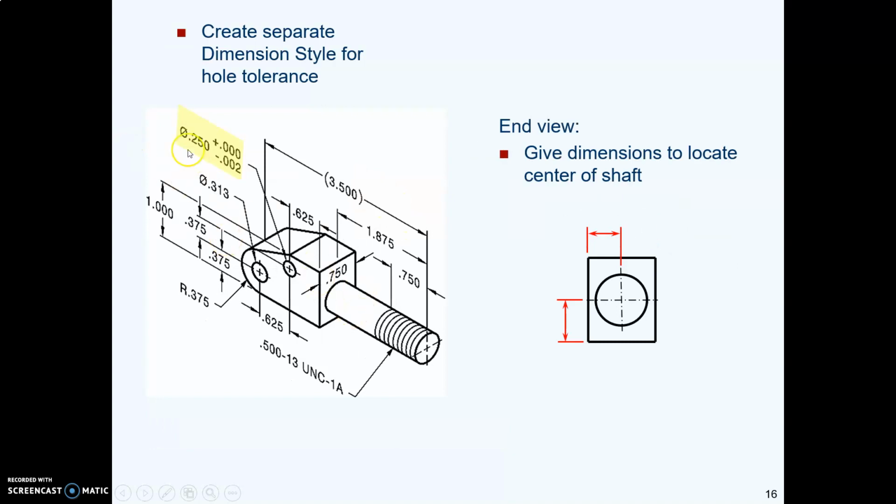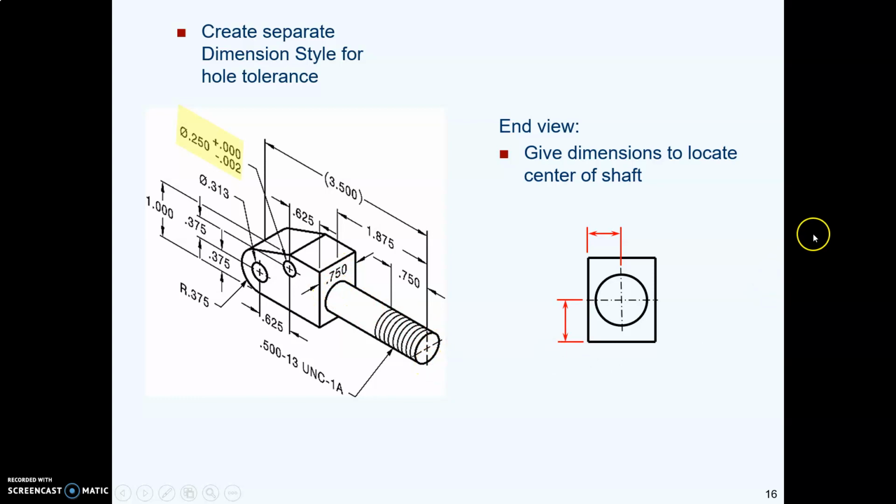Notice that one hole has a tolerance on it that's different from our title block tolerance. That means you will need your standard dimension style plus a second dimension style for doing the hole. And you will need to locate this rod onto this block.